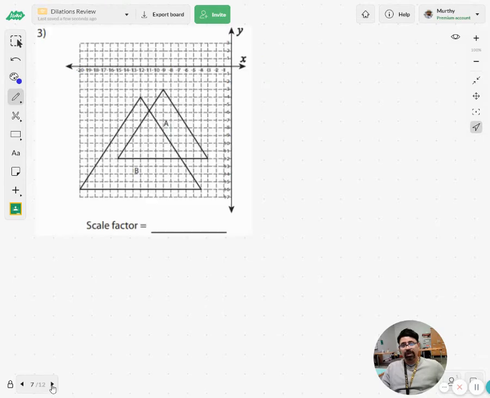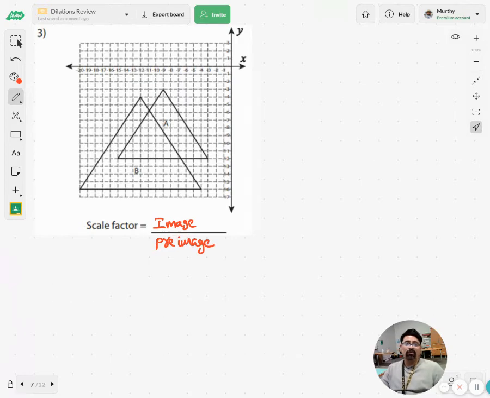So let me take another example. Again, here you are asked to find the scale factor. As I told you in my previous problem, the scale factor rule is SIP. So I stands for image, and P stands for pre-image.